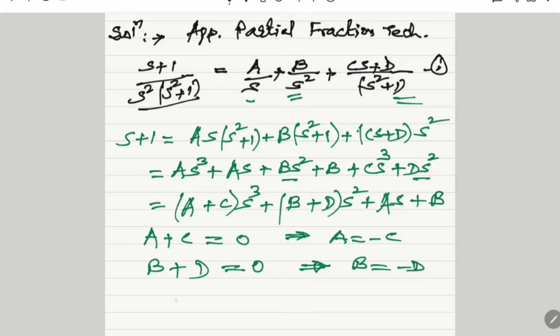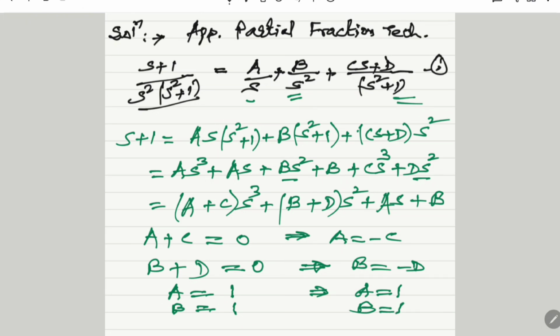Then the coefficient of s is a and the coefficient of s on the left hand side is 1. It gives you a is equal to 1. Then the constant term on the right hand side is b and the constant term on the left hand side is 1. Therefore, we get b is equal to 1.